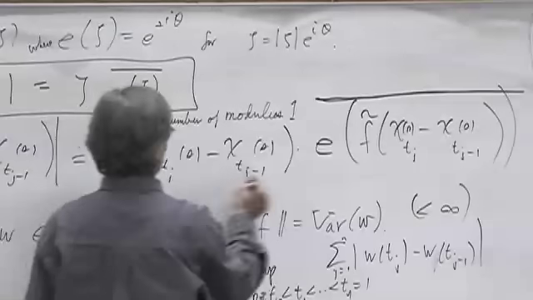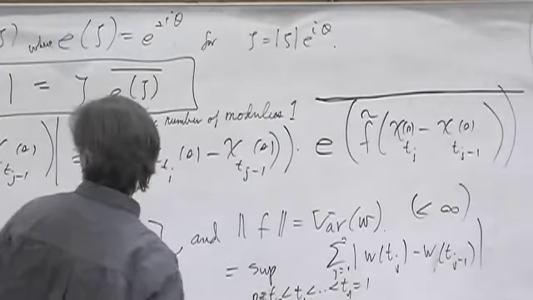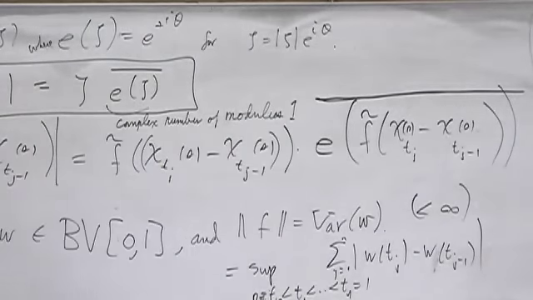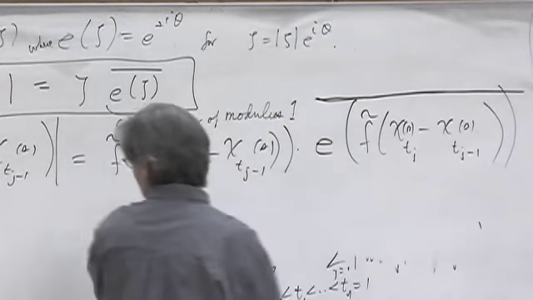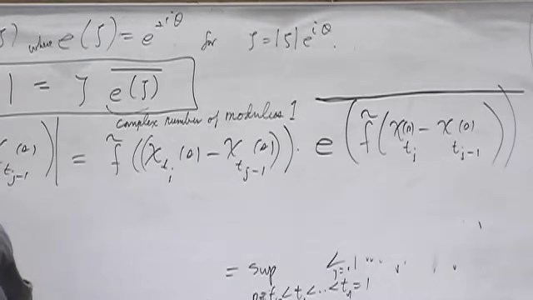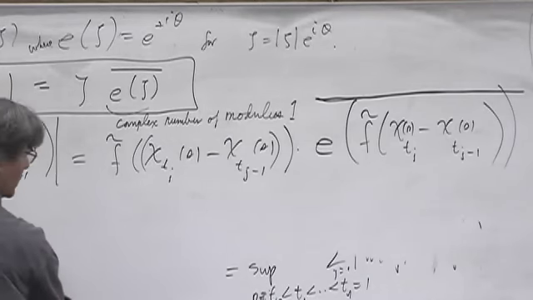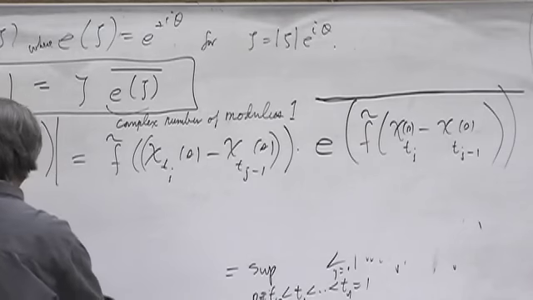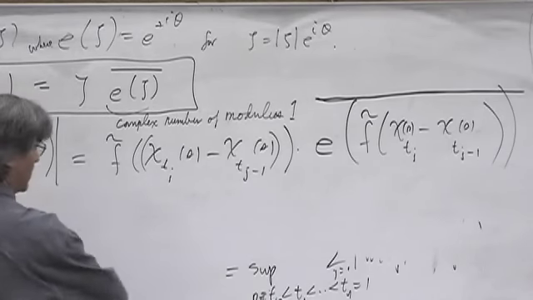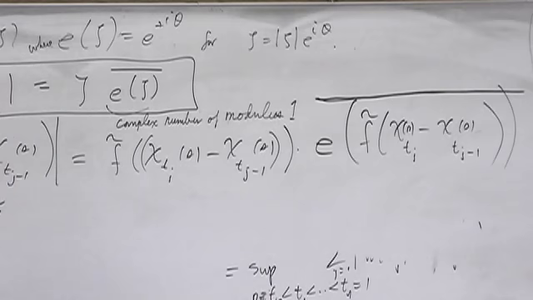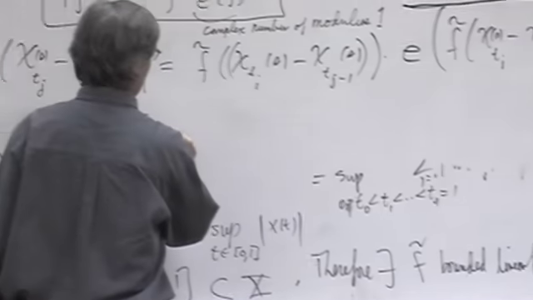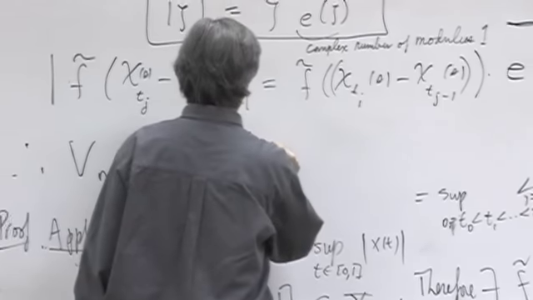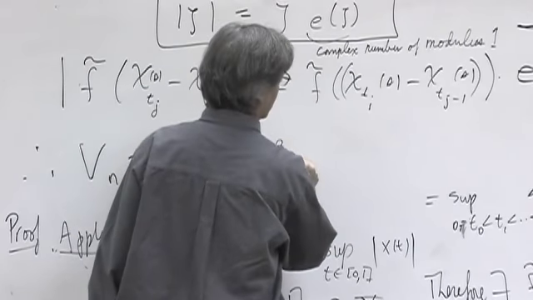And so what I'm getting is that this whole business, this Vn, is therefore equal to F tilde of a certain step function, summation beta j.